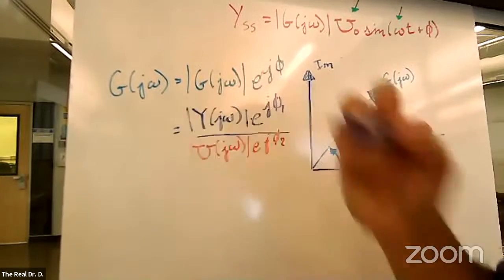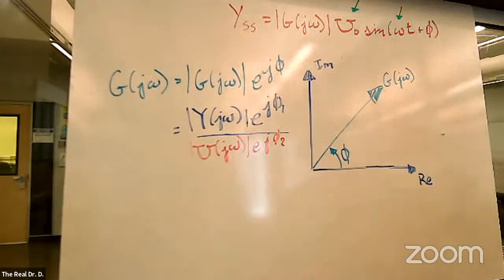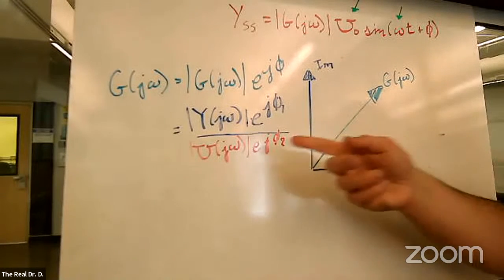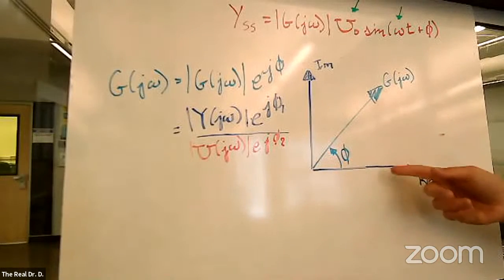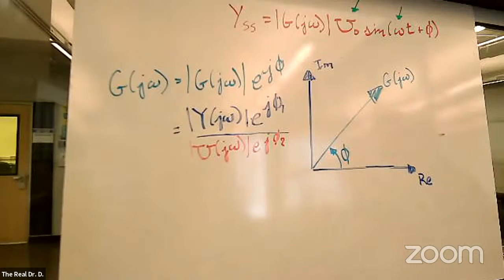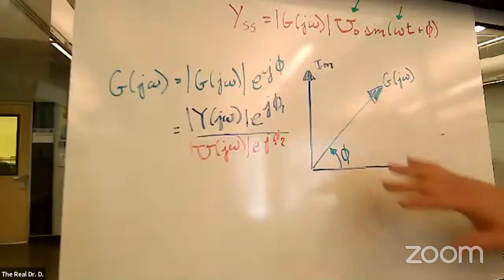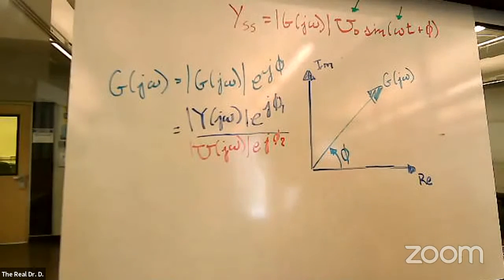Okay. Thank you. Right. So we can write that in polar as well, right? And if we look at this, we can plot both of these on this axis too, right? So let's do that.